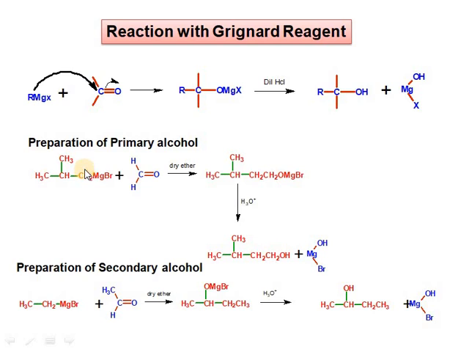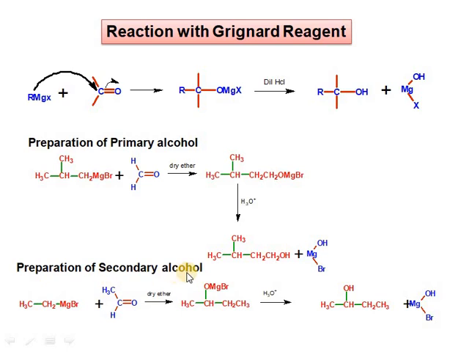This CH3 minus attacks the carbonyl carbon and forms a negative charge on oxygen, so this is O minus MgBr. Then after hydrolysis of the adduct with H3O plus we get the corresponding alcohol. This alcohol is a primary alcohol.